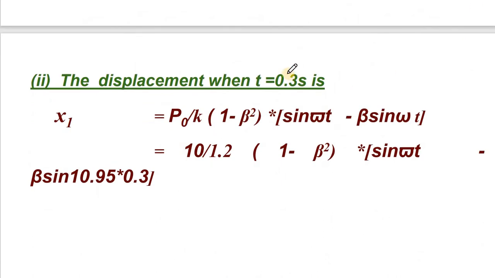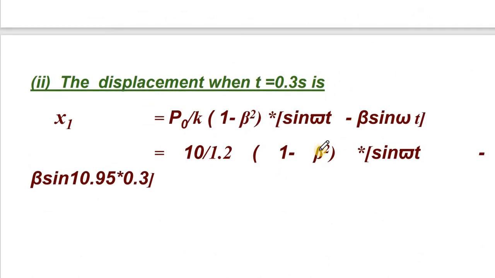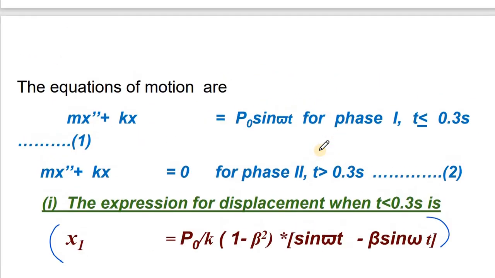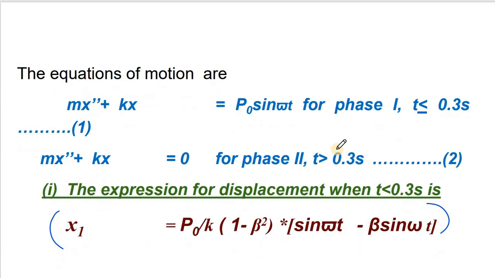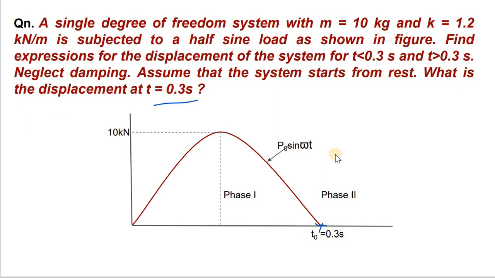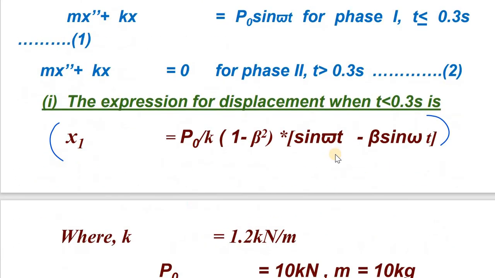Then the displacement at t equal to 0.3. So to find out the displacement at t equal to 0.3, t equal to 0.3 means it will be this stage. So it will be the phase 1 stage only. Therefore, I need to substitute here.